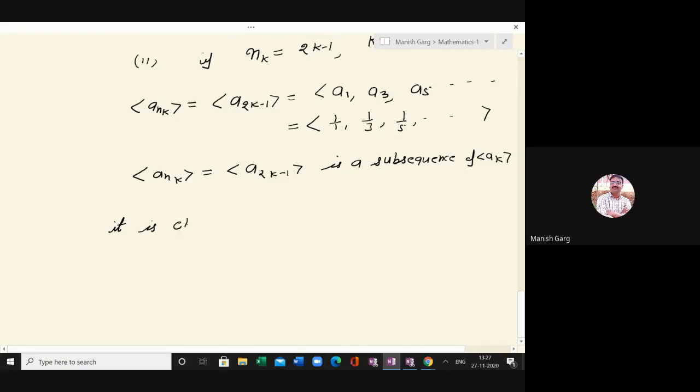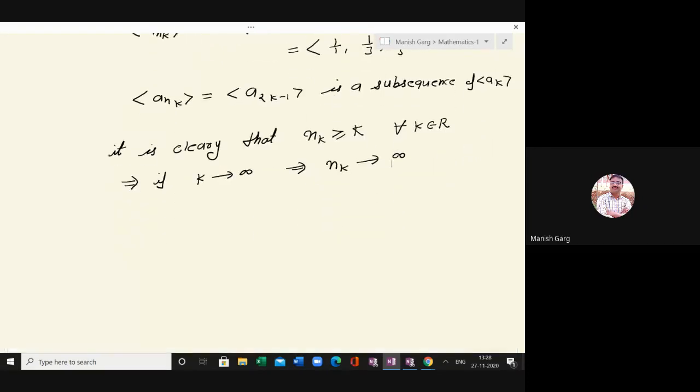It is clear that nk is greater than or equal to k for all k that is an element of N. So if k tends to infinity, obviously nk will tend to infinity. Okay. Now I am doing the next example.